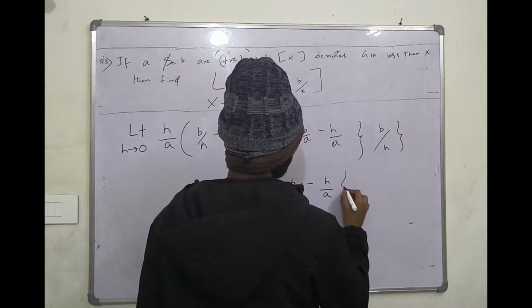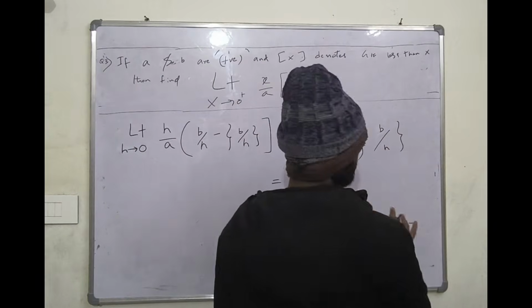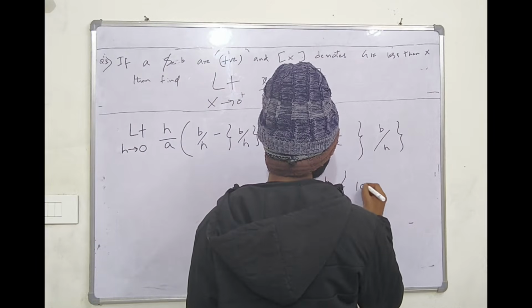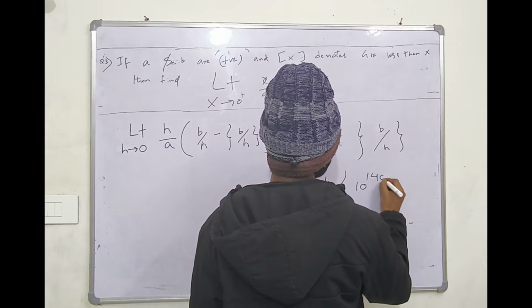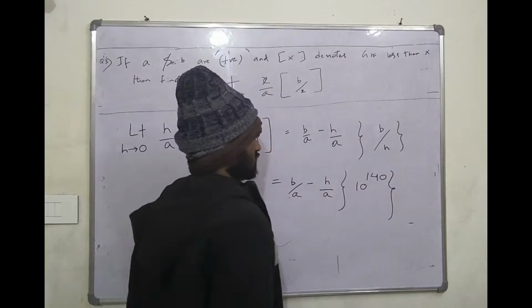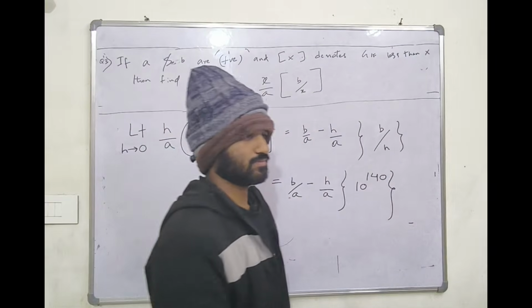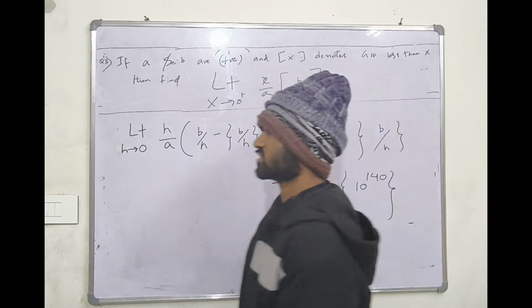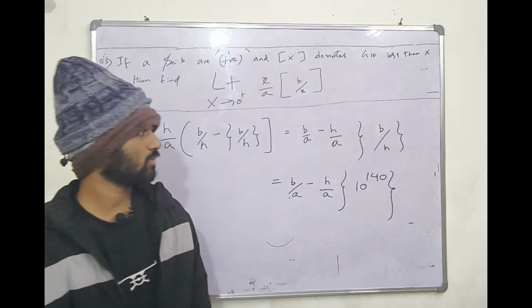This value is the fractional part of 10 power 100 by 10 power minus 40, which is 10 power 140, okay. This value is 10 power 140. Suppose the fractional part of 10 power 140. The fractional part of all integers is 0, okay.